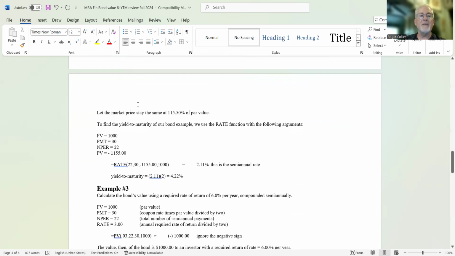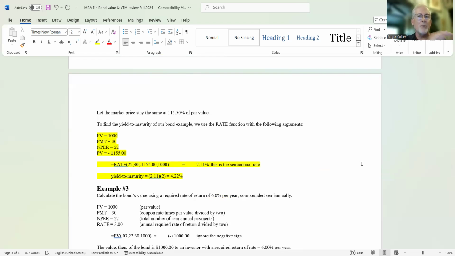All right. Let's leave the market price the same. We've changed the required return. We'll leave the market price the same. And notice when I do the yield to maturity calculation, it stays the same. So let's see. I changed the required rate of return and value changed.